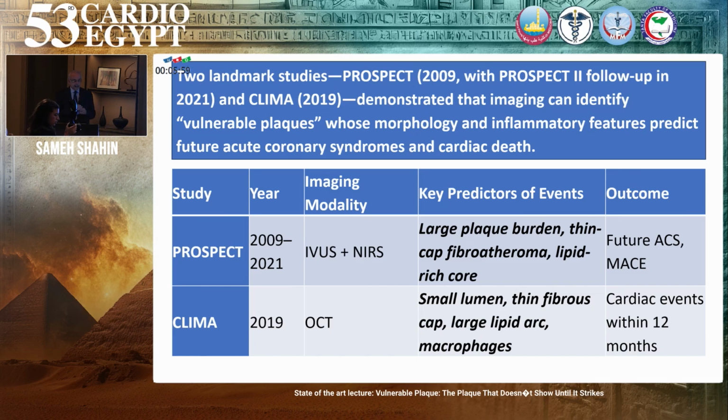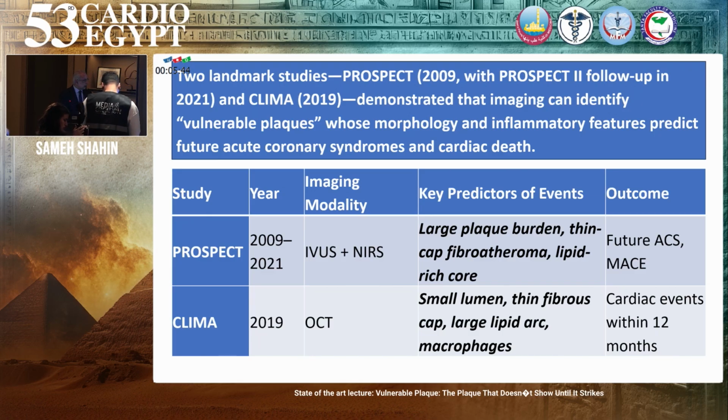We have tens of studies that made these investigations, but I think I will quote two important trials. One of them is the PROSPECT trial and the other is the CLIMA trial.